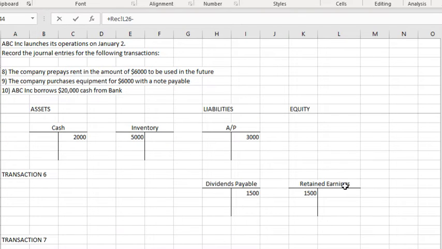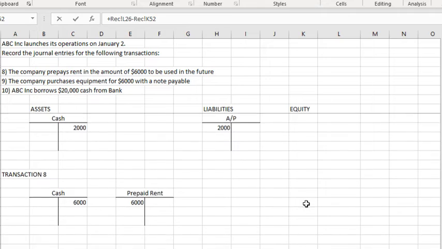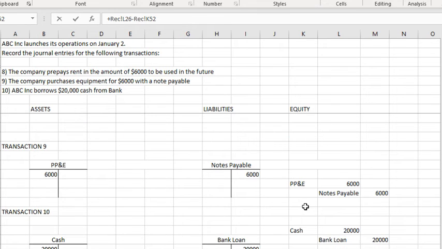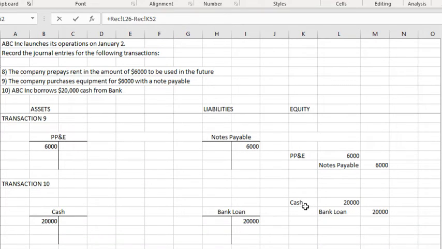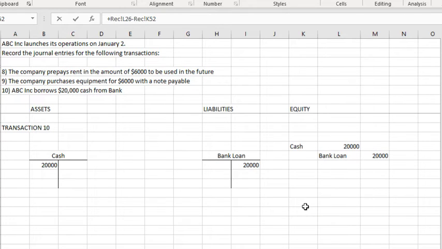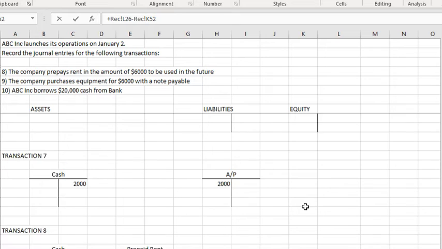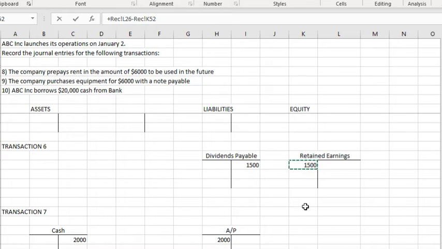And then whenever we have an expense or dividends, it's going to be reduced. So we have a dividend that's going to reduce our retained earnings. Remember, retained earnings is the profit after dividends, so what the company actually retains. So those are the two that we have from the initial transactions.